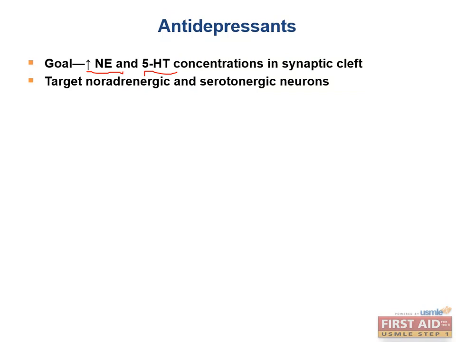So, increasing their concentration is the goal of therapy. And generally speaking, the 2 different types of neurons that are affected by antidepressant medications are the noradrenergic neurons and serotonergic neurons.